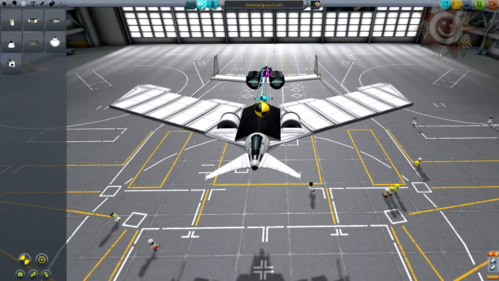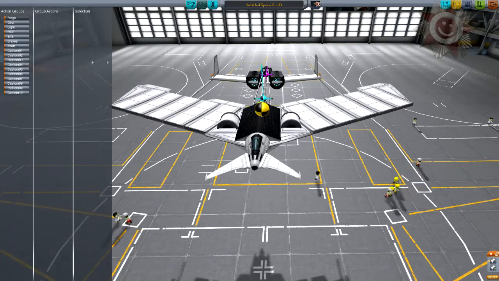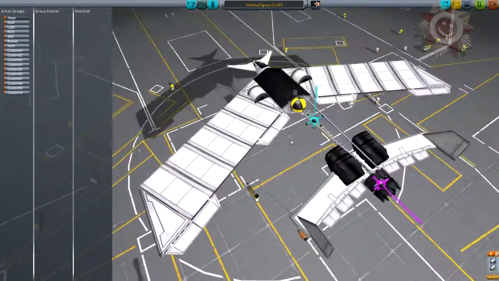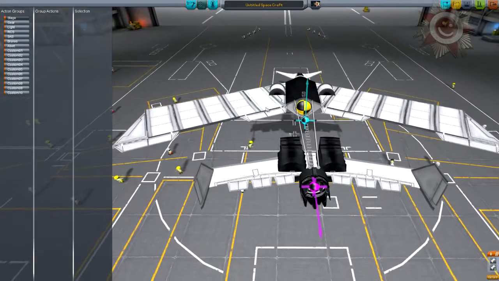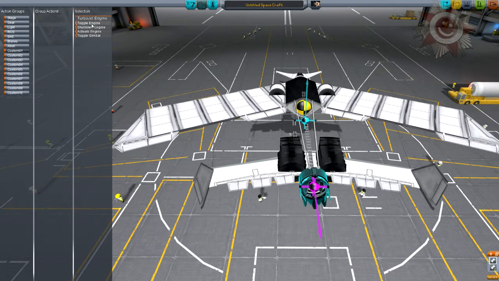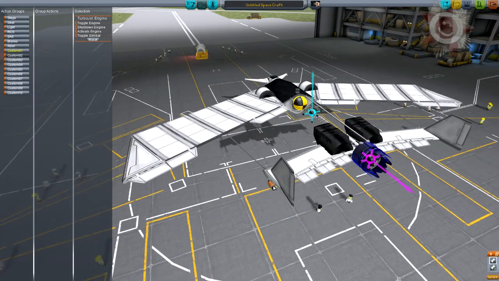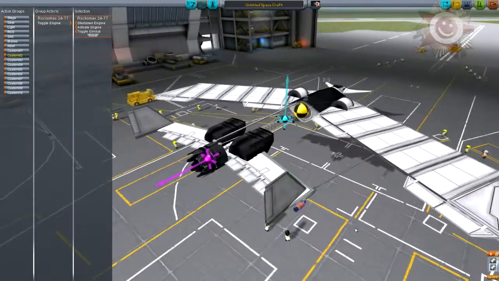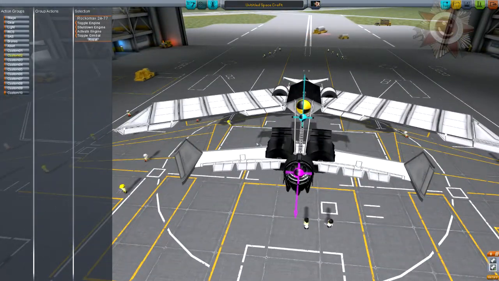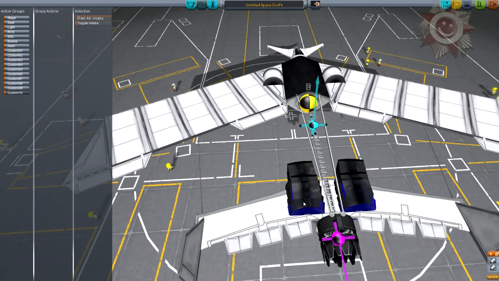One very important thing is action groups. For a spaceplane or SSTO plane, we want an action group for the jet engine, to toggle that. We want one action group for the rocket engine, so we can toggle the rocket engine on and off, and one for these air intakes, so we can close them when we don't need them anymore.